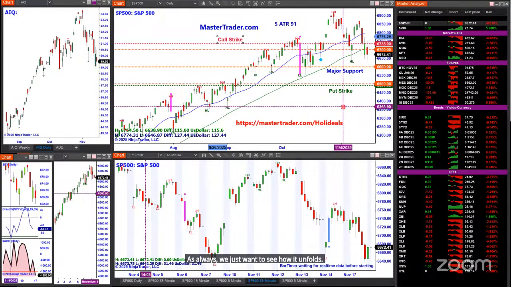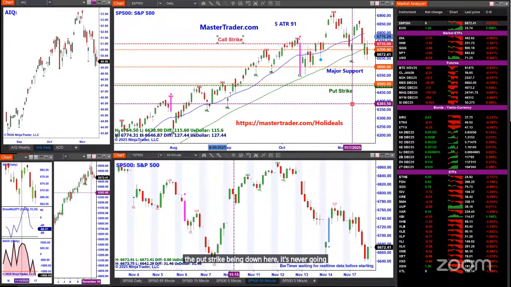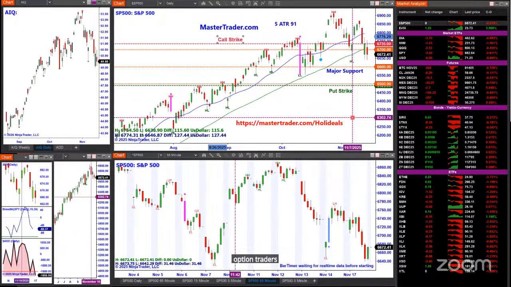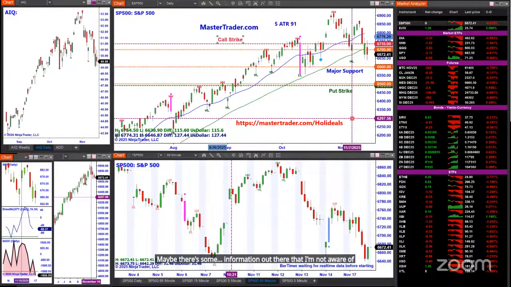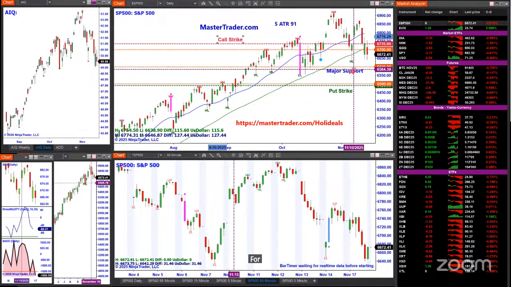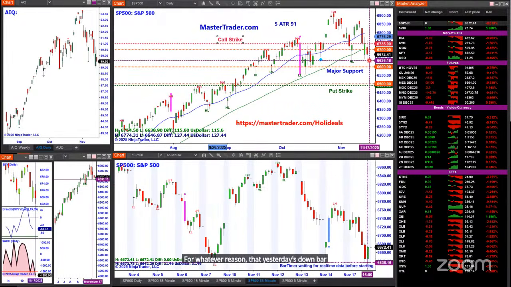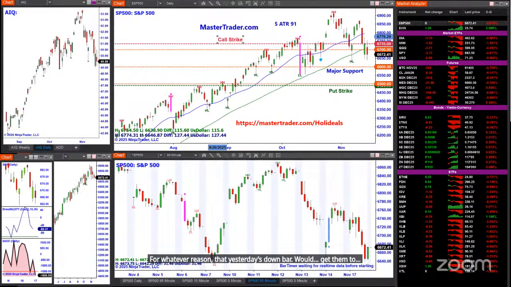The put strike being down here, it's never going down there today. I mean, it's just so ridiculous, and it shows how aggressive, or how worried, option traders are that the market is going to crash. Maybe there's some information out there that I'm not aware of. It's certainly very possible. For whatever reason, yesterday's down bar would get them to pay up for options down here.